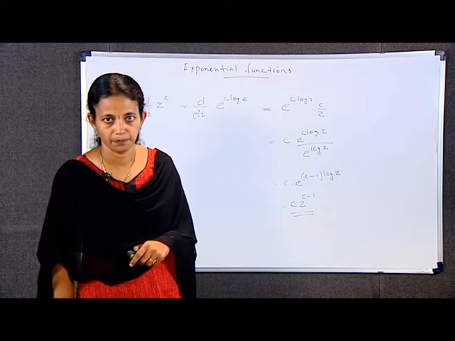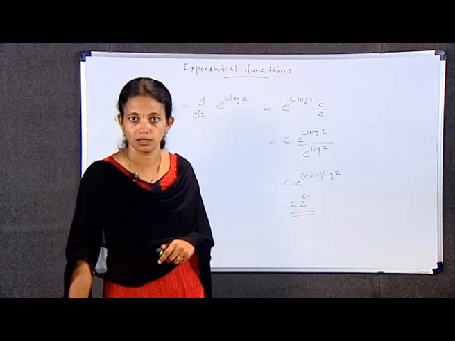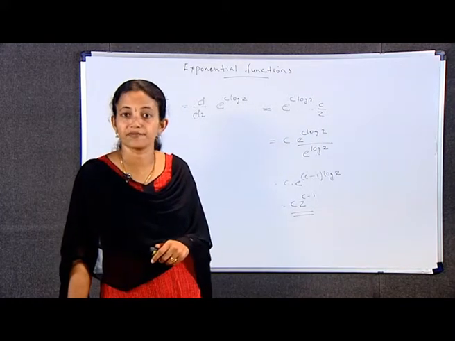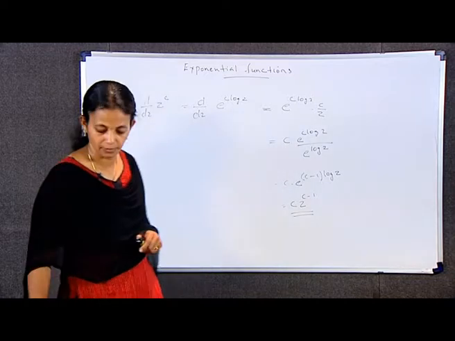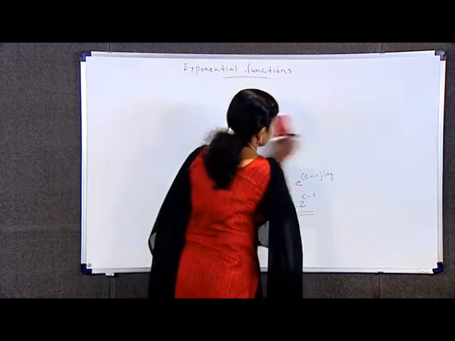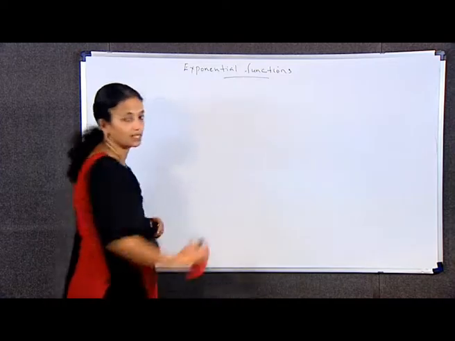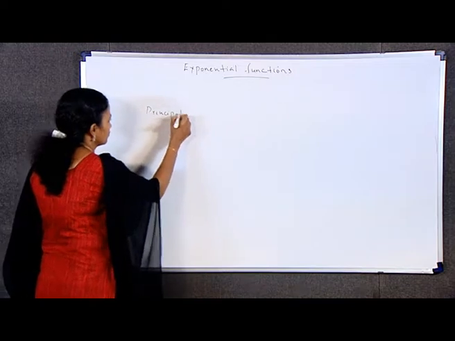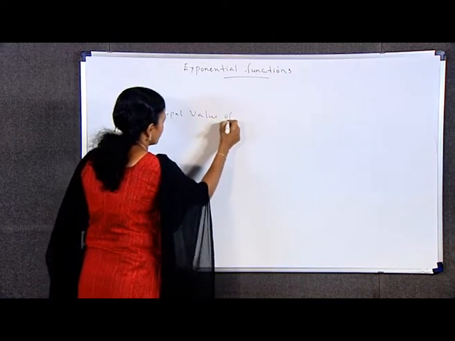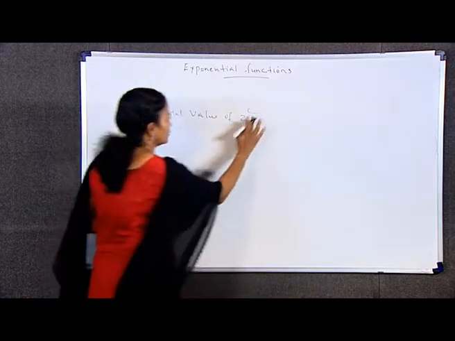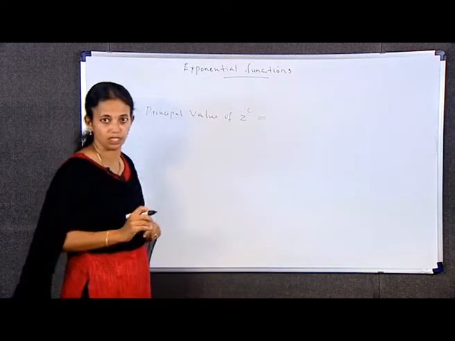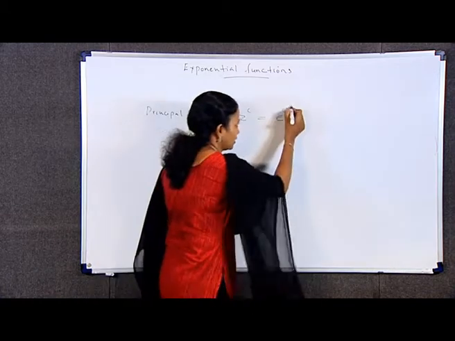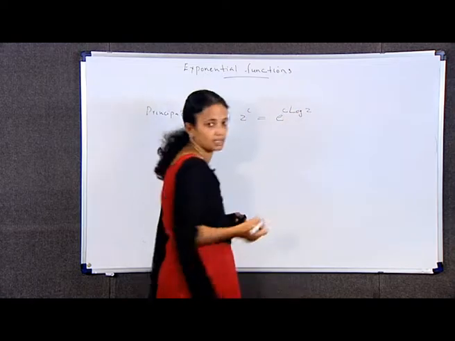The principal value of z raised to c occurs when log z is replaced by capital Log z in the definition 1, and it is given by principal value of z raised to c is equal to e raised to c capital Log z.